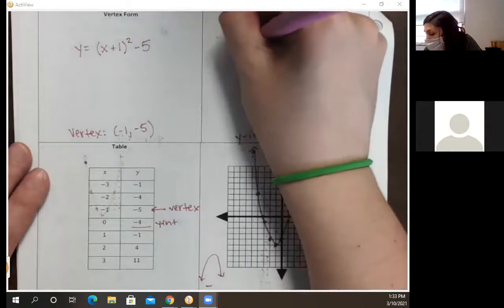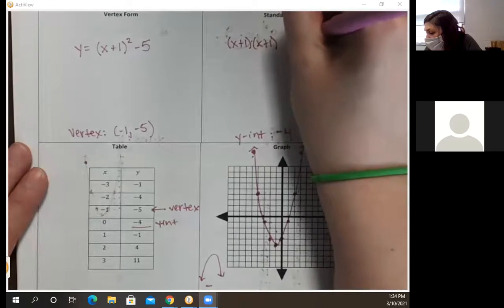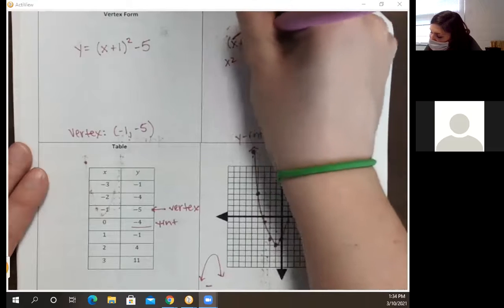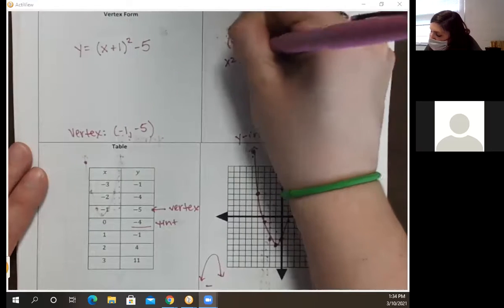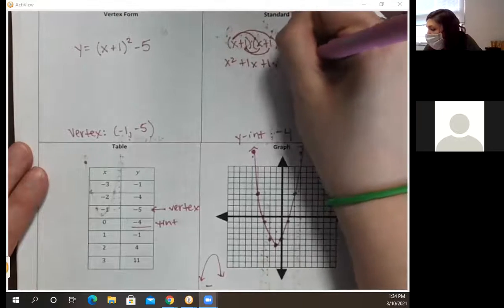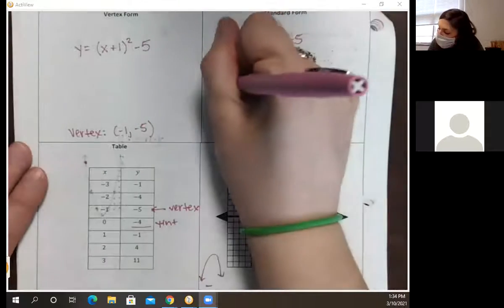So x plus 1 times x plus 1 minus 5. When I distribute, I've got x squared plus 1x plus 1x plus 1 minus 5. And then I'm going to combine like terms.